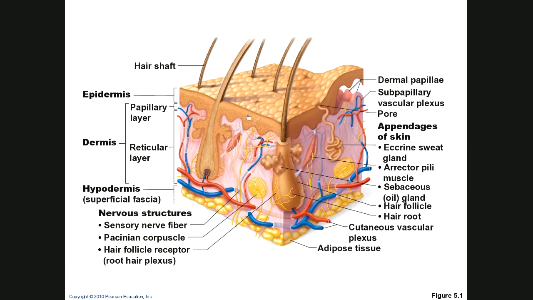We have hairs coming through it, and they start here in the dermis, and this is sebaceous oil glands. And here are some nervous structures, Pacinian corpuscles, sensory nerve fibers, hair root plexus. And we'll discuss these as we continue.